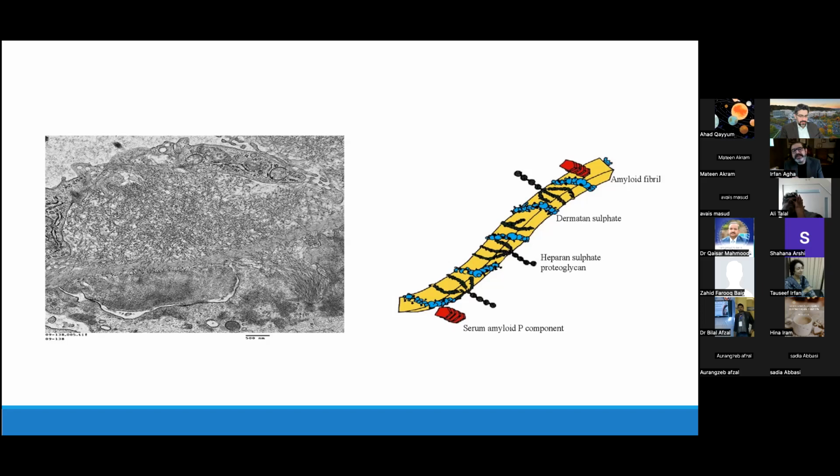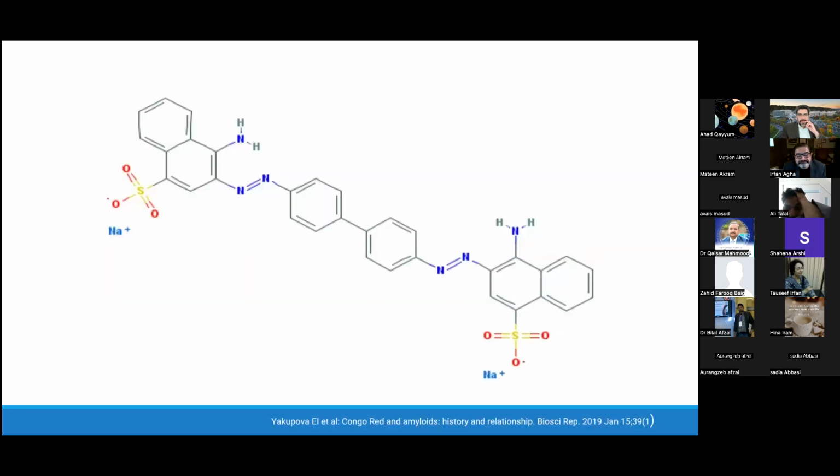And this endpoint then imparts some peculiar properties, structural as well as biochemical behavior, that lends its name to the disease process. So this is the Congo red molecule. Congo red was a textile dye. It is used to stain cotton, or was used to stain cotton.